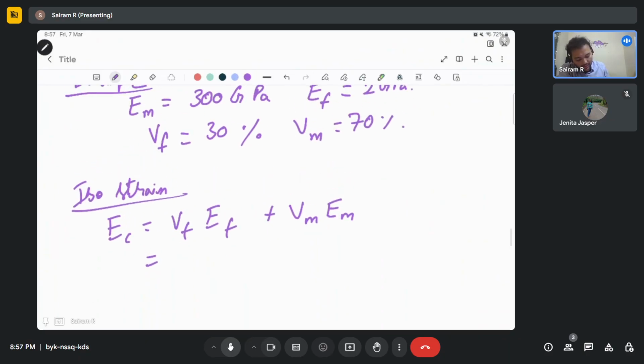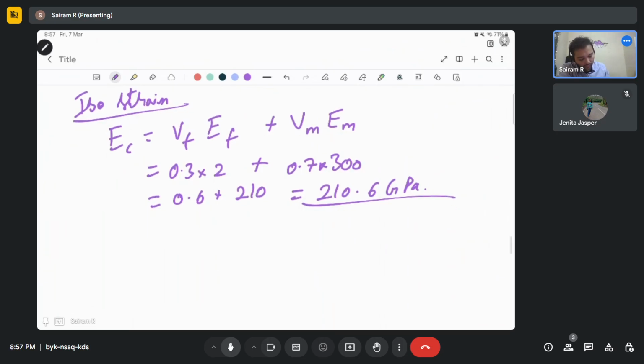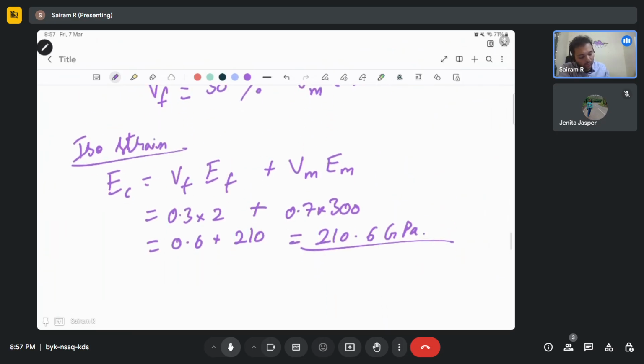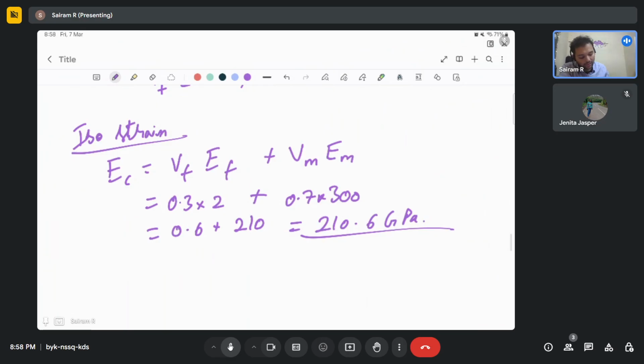So Vf is 0.3 into Ef is 2 plus Vm is 0.7 into 300. That is 210.6 GPa, the overall Young's modulus of the composite in isostrain condition.